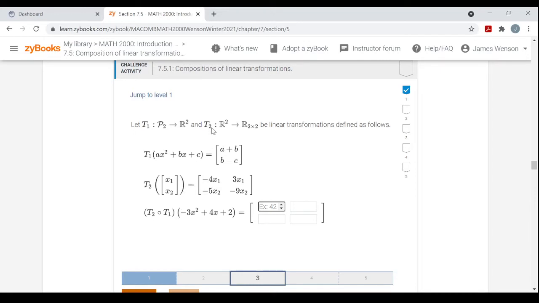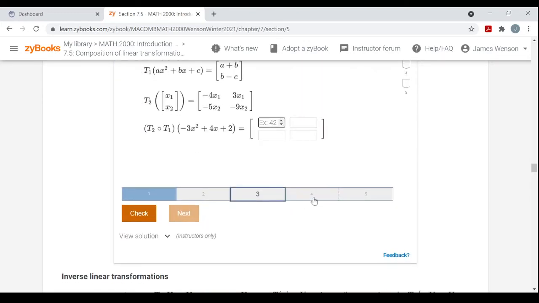It'd be undefined, because T2 would give me an output that's a 2 by 2 matrix, and then I couldn't plug that into T1, right? Because the inputs for T1 are polynomials of degree 2 or less. So if these are my transformations, the only way I could compose these is T2 with T1. And then again, you just have to plug stuff in and get an output here.